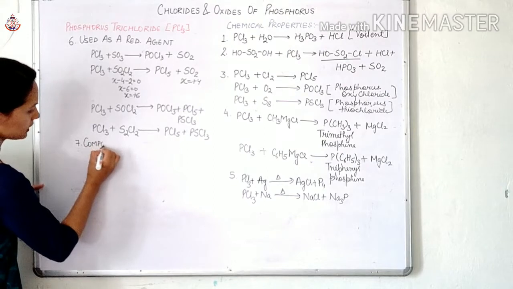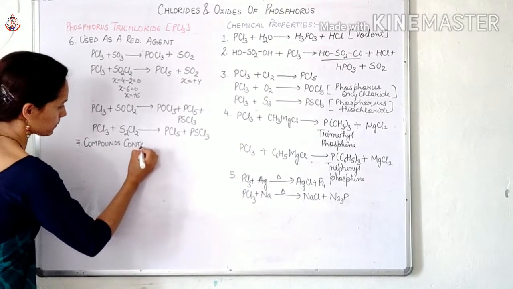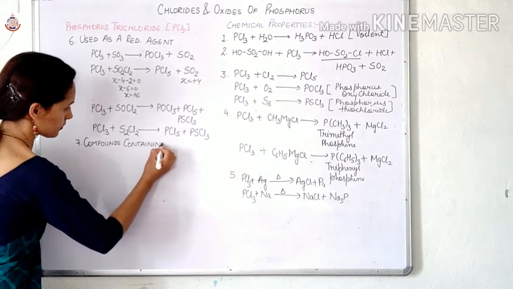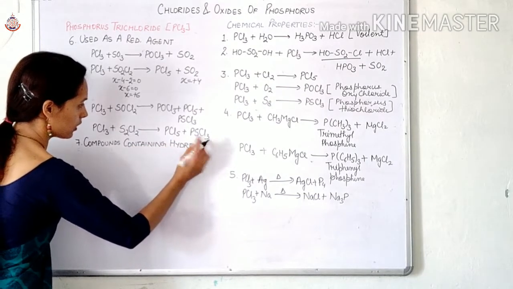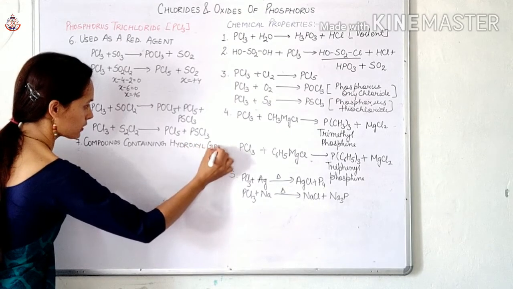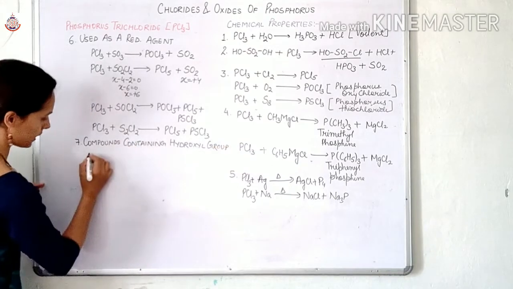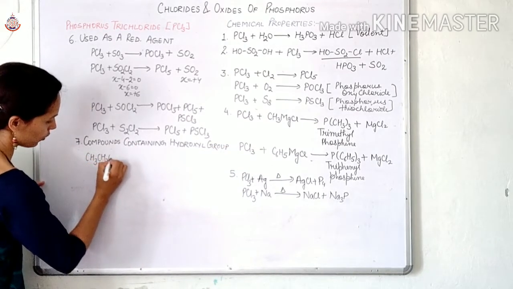Compounds containing hydroxyl group. So suppose I take the first compound, that is ethanol, CH3CH2OH.